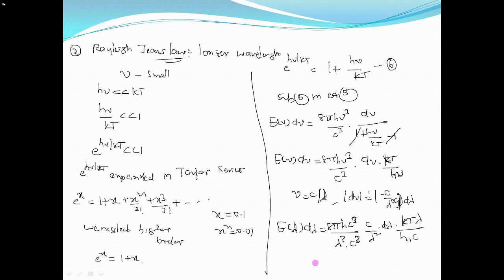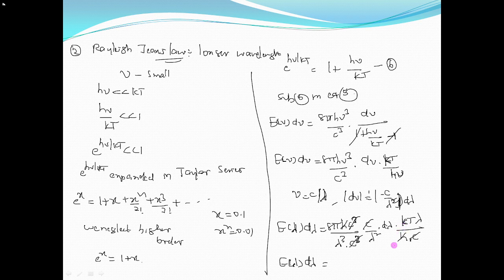Now if I solve this, I'll get E lambda d lambda is equal to, see here, this c cube gets cancelled, this c gets cancelled, this h gets cancelled. Lambda also gets cancelled one time.